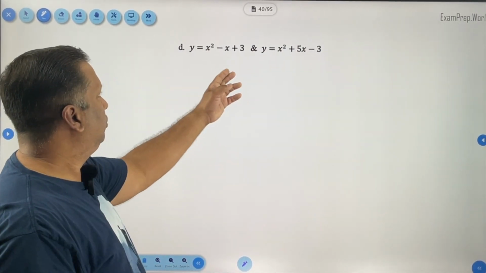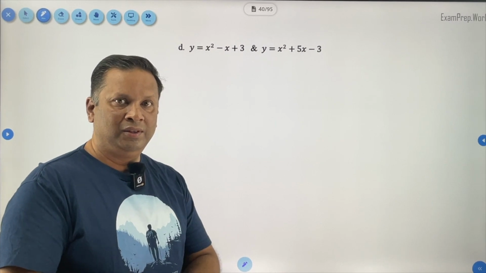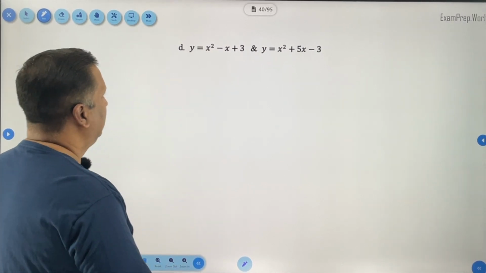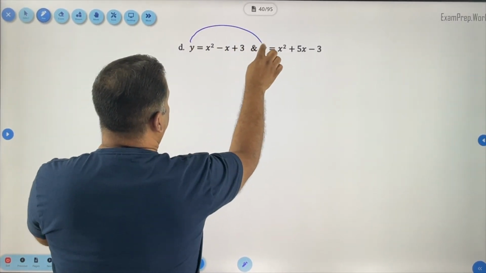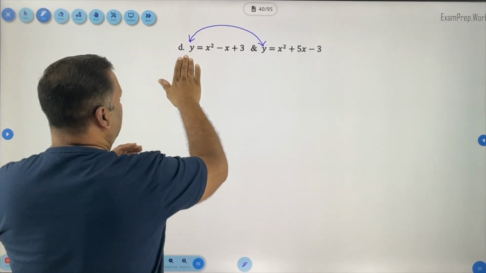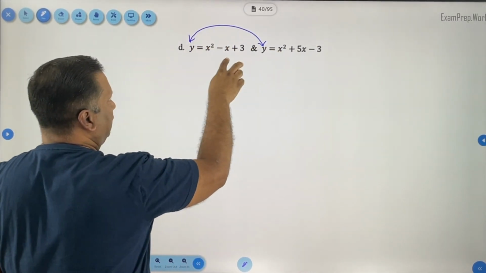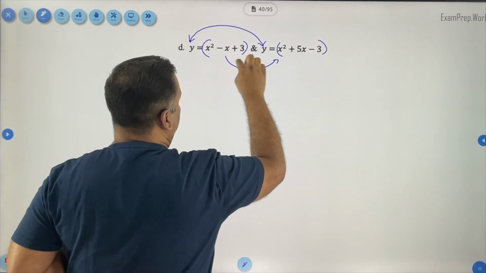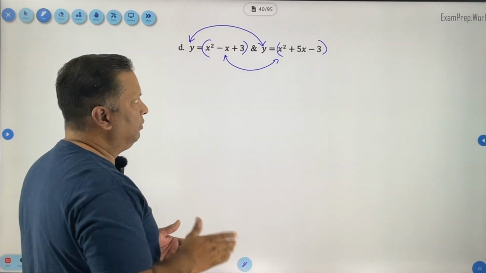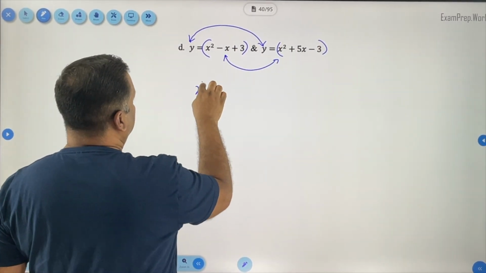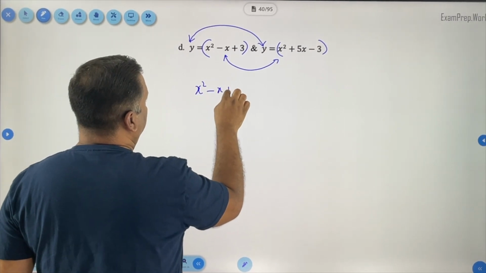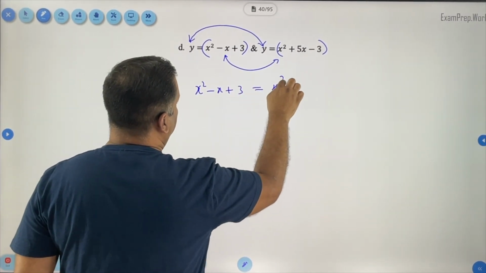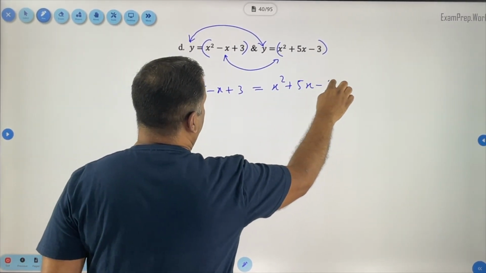Now see, these are two quadratics here. How do we solve them? Equate them, because both are y. This is also y, that is also y. So we can equate this part to this part. So x squared minus x plus 3 equals x squared plus 5x minus 3.